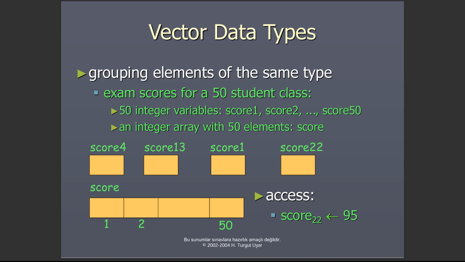For example, an array of integers: 1, 2, 3, 4, 5. An array of strings: Hamit, Abdullah, Ethan. But don't forget, all values must be of the same type.